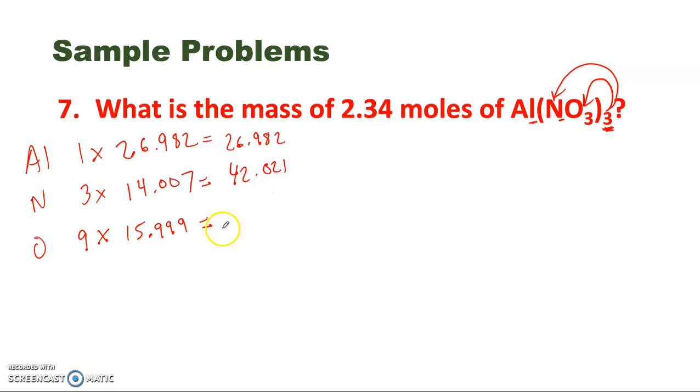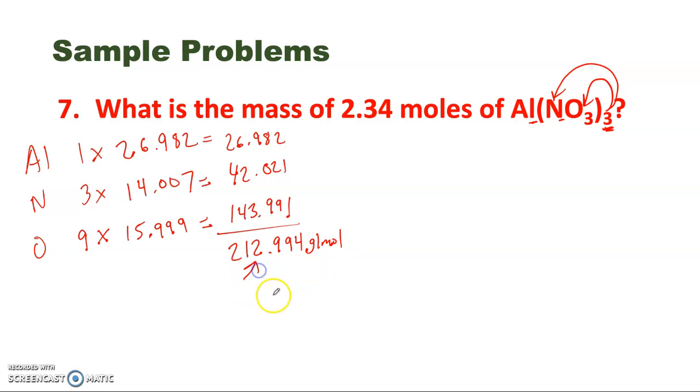And then 9 times 15.999 is 143.991. Now if I add these up, 42.021 plus 26.982, I get 212.994.